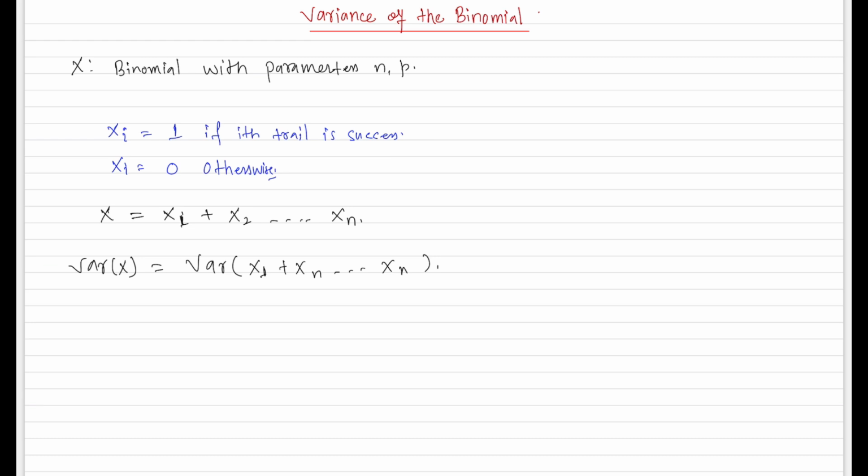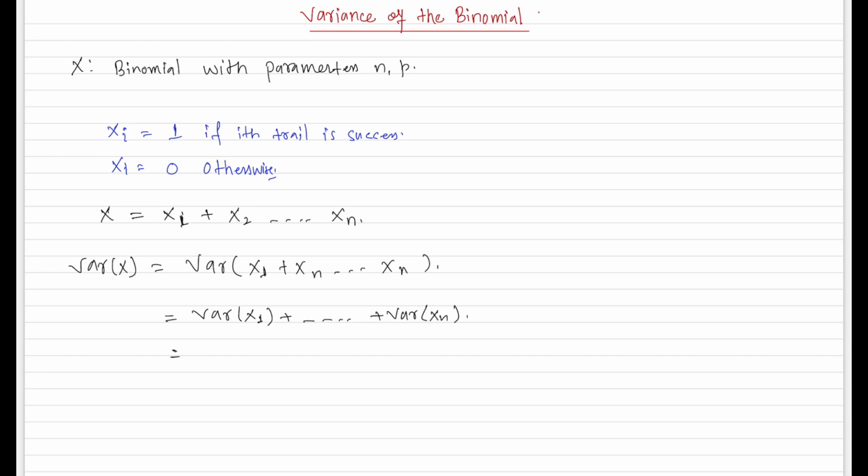So that would be the variance of X1 plus dot dot dot plus the variance of Xn.